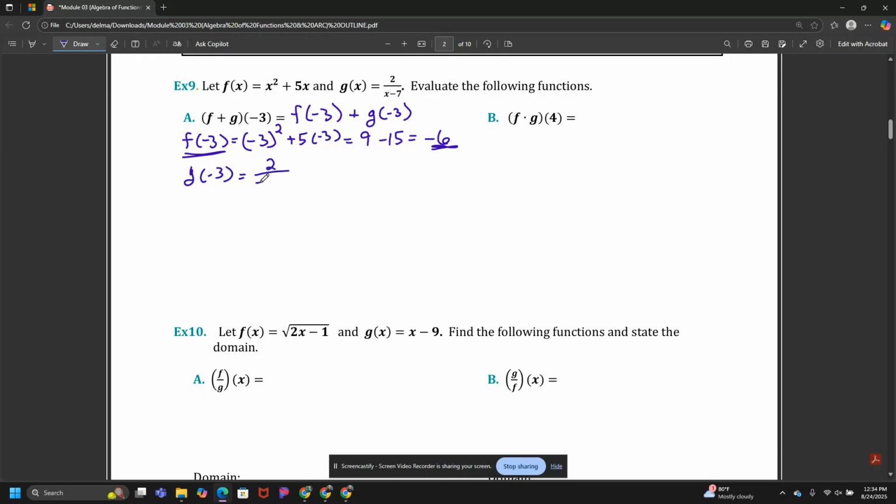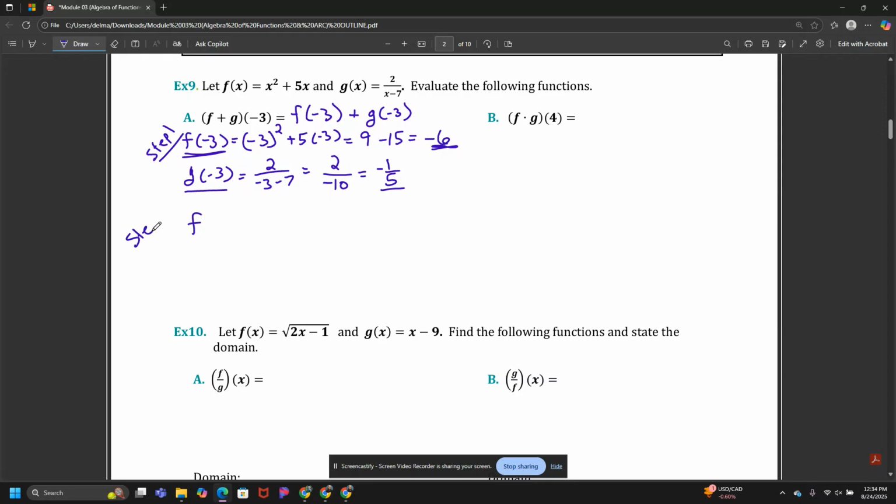Now let's do g of negative 3. It's going to be 2 divided by negative 3 minus 7. Negative 3 and negative 7 make negative 10, so it's going to be 2 over negative 10. That's going to simplify to negative 1/5. Okay, so then we're just going to write that down. So this was kind of step 1.